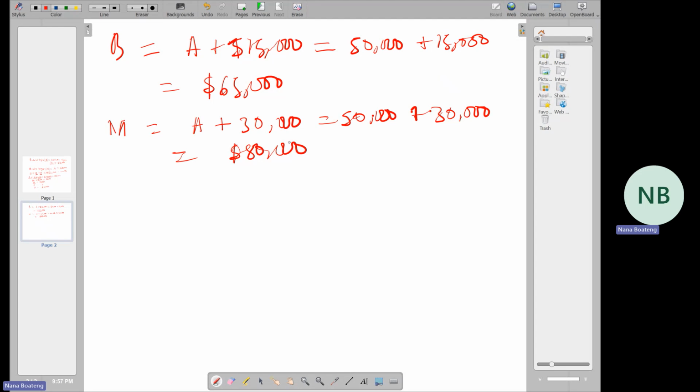And this equals $80,000 a year. All right, so to check whether our solution is correct, if we add the incomes of all three, we should get 195,000. That is one of the pieces of information that was presented in the problem. So A plus B plus M should give us 195,000, and that will be a check that our solution is correct.